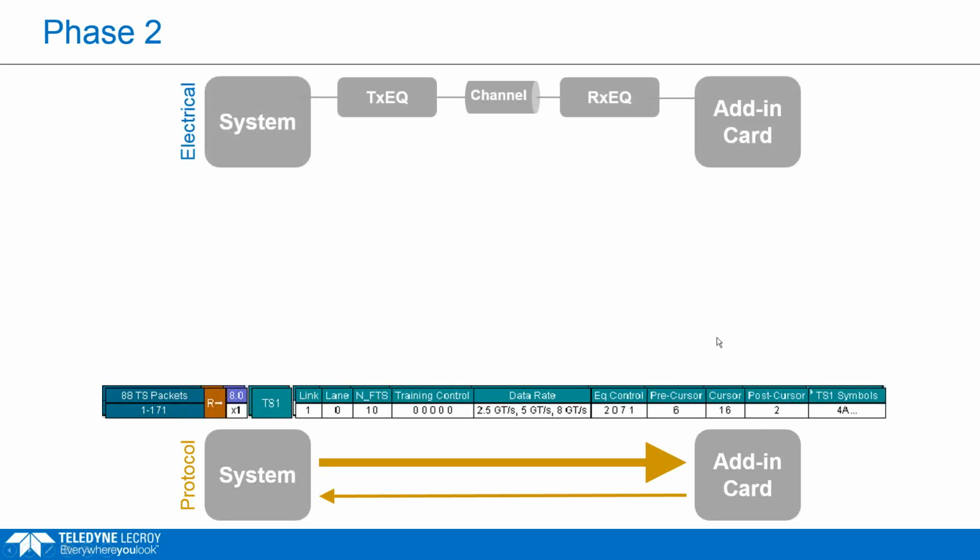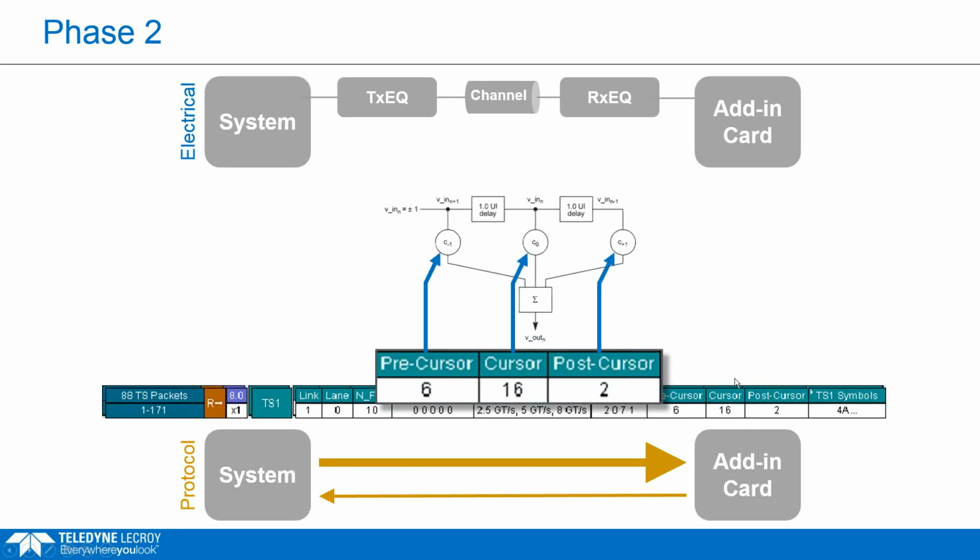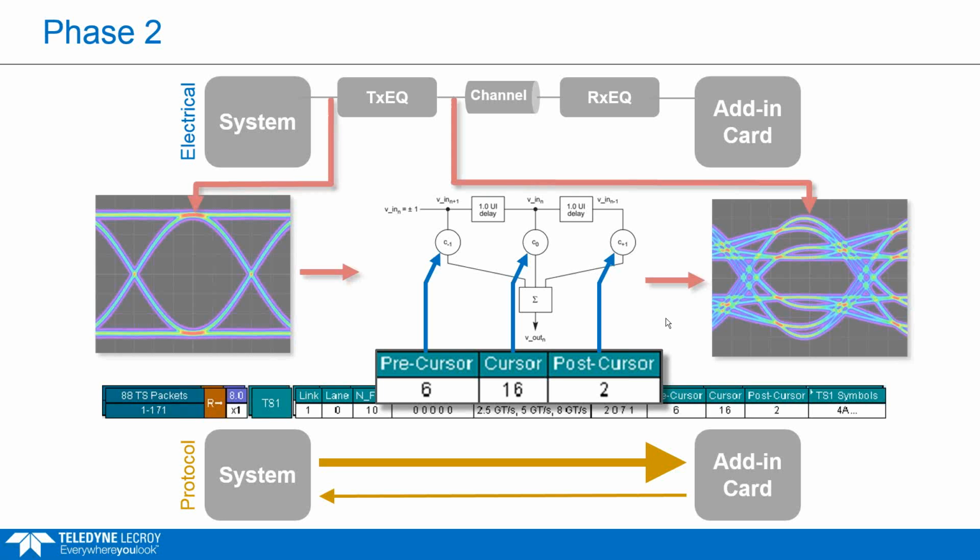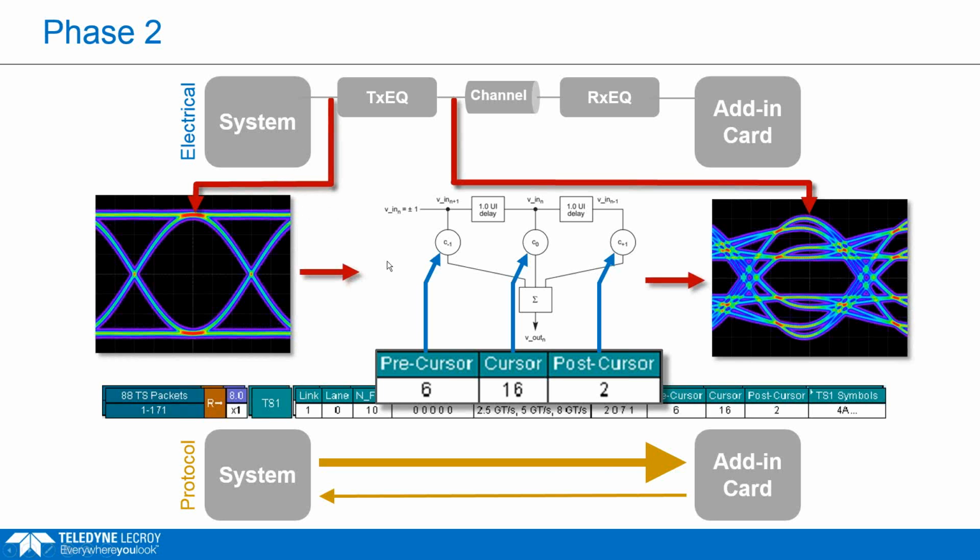But this is the protocol confirmation, and it also has to have actually changed electrically. These cursors correspond to a filter, which is the physical filter that's in the system. If you look at the electrical view as well, we'll see what that should look like.